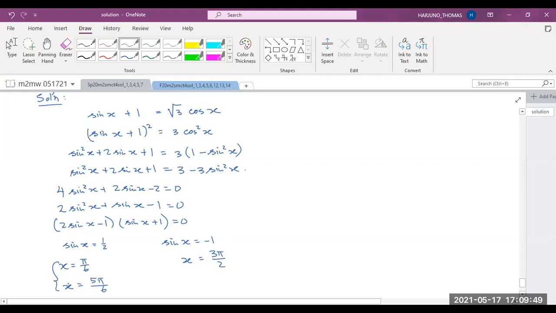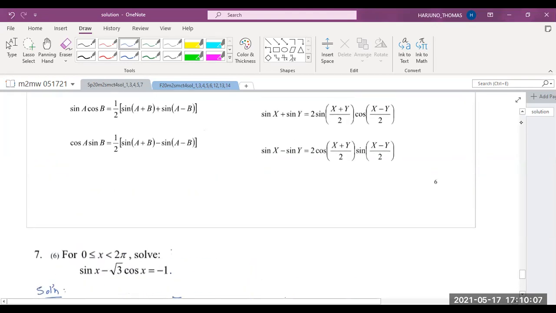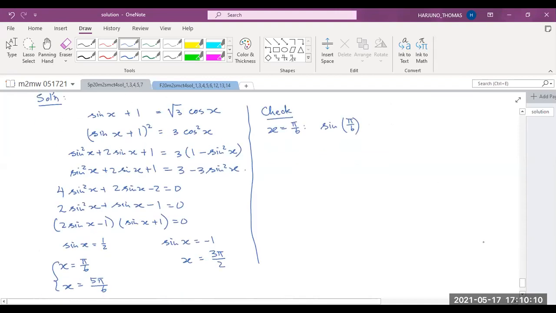But we need to check, right? Remember? Okay, so I need to check. Checking x equals pi over 6. Is sine pi over 6 minus radical 3 cosine pi over 6 equal to -1?